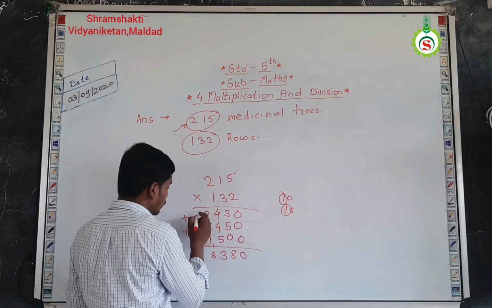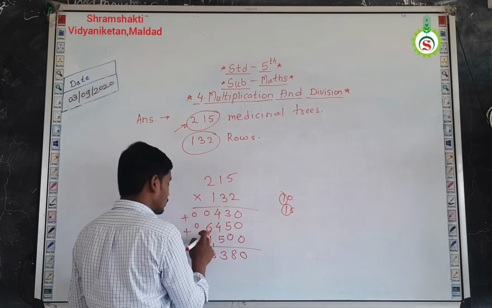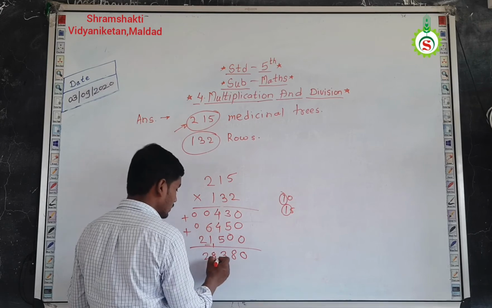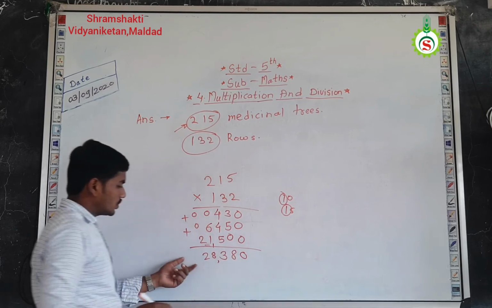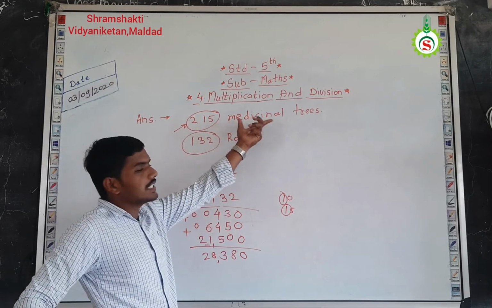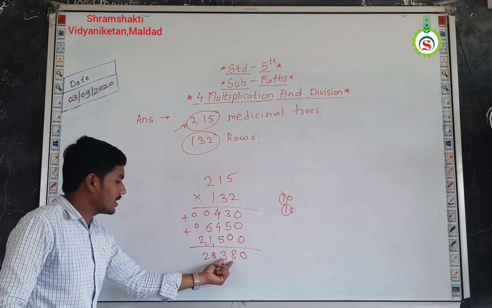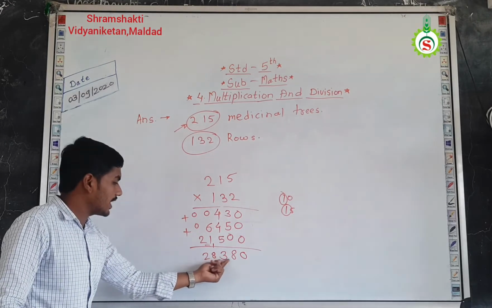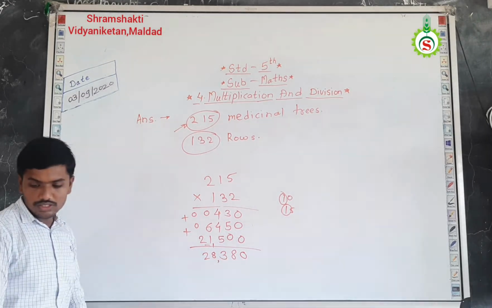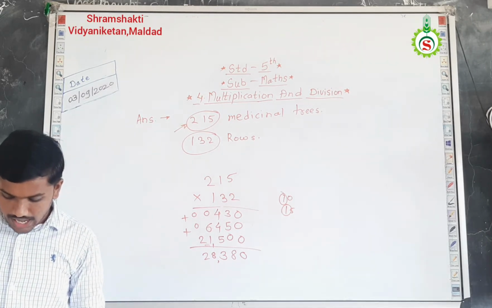Now for the 2, here is nothing, here is also nothing, that means 0, 0. 0 plus 0 is 0, 0 plus 2 is 2. So that is the answer. That is nothing but the total number of medicinal trees, 28,380.